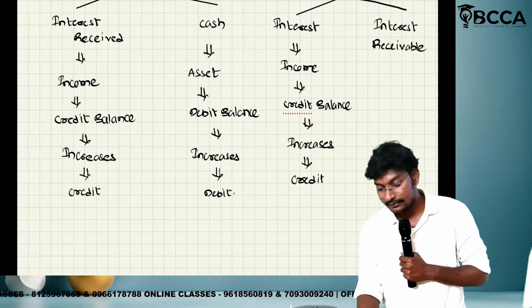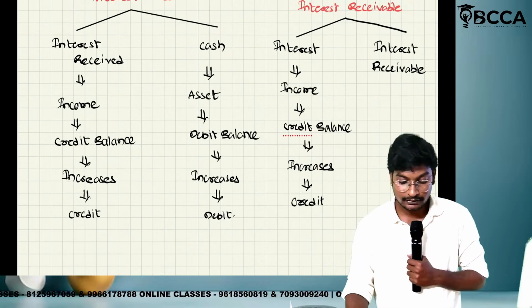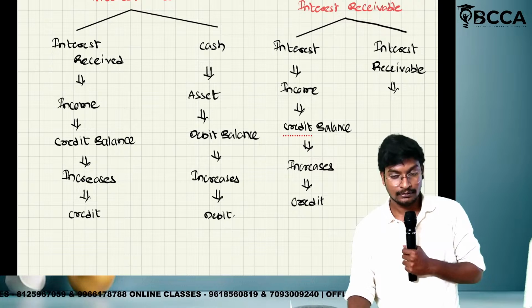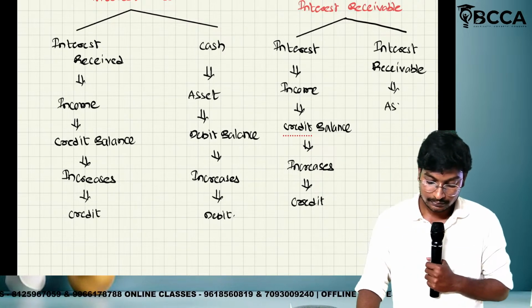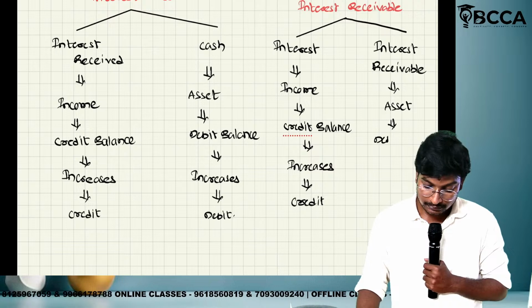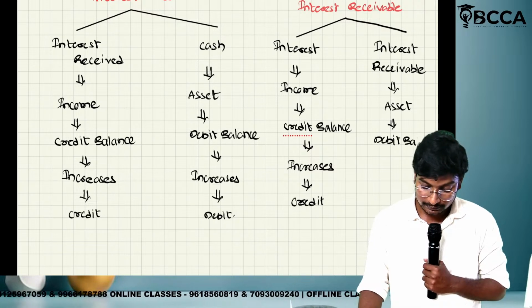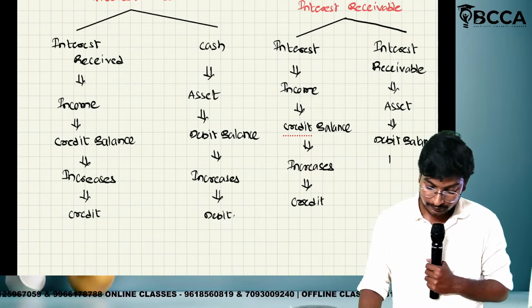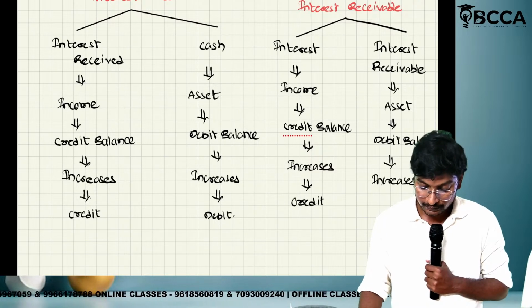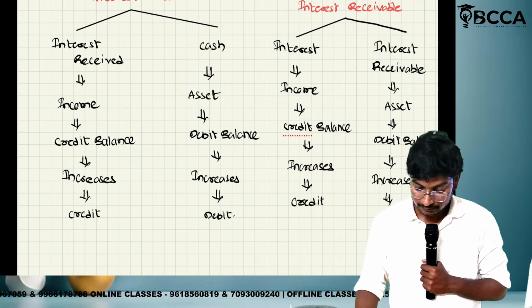Income, credit balance, increases, credit. Then after, interest receivable means asset. Okay, now. Asset means which balance? Debit balance. Increases or decreases? Increases. Debit.